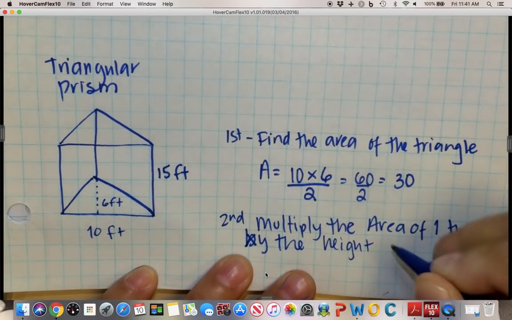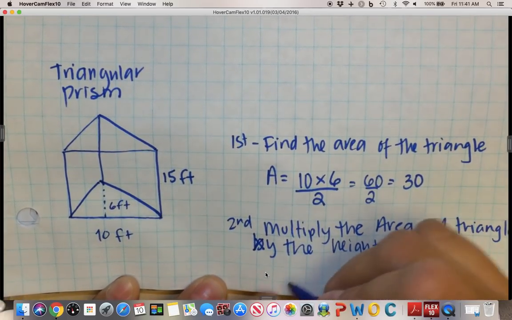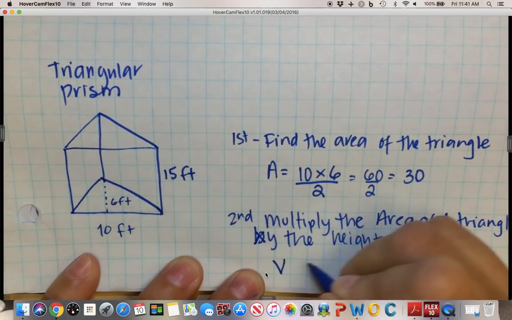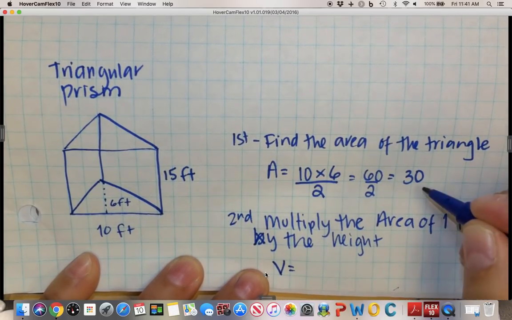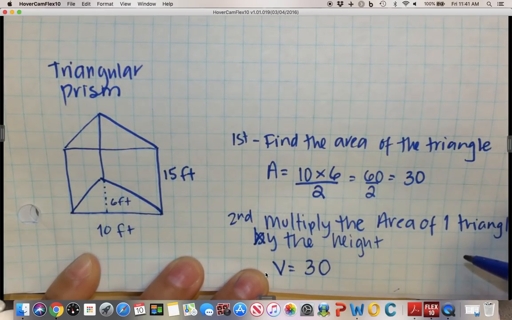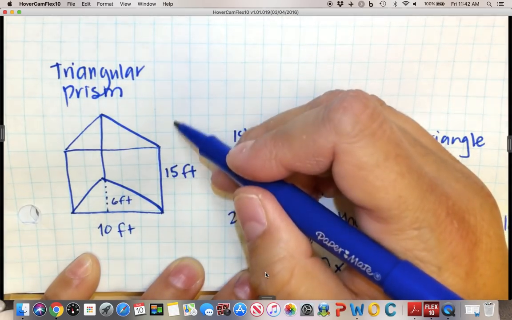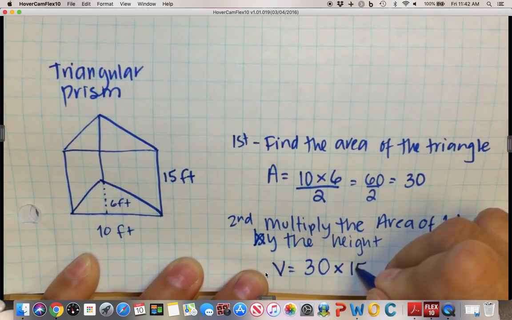The height of the figure, which is the 15. So, volume is this number we got here, 30, multiplied by the height, which is 15.